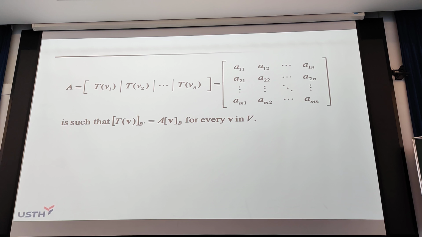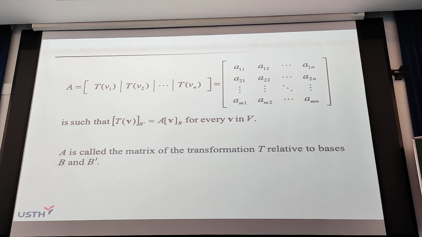That is true for any vector v inside V. And then the matrix A, like that, will become the matrix of the transformation T relative to the bases B and B prime. So in that case, you should remember that.